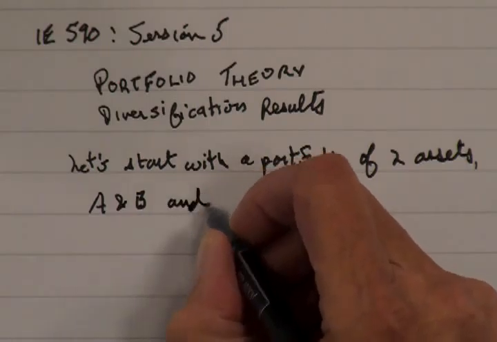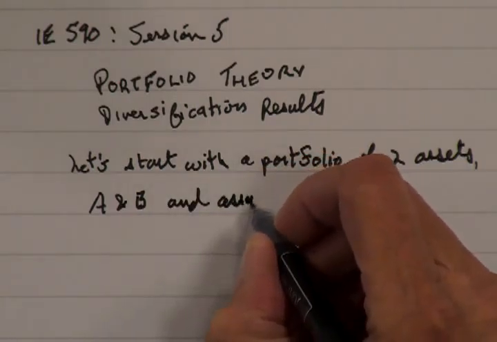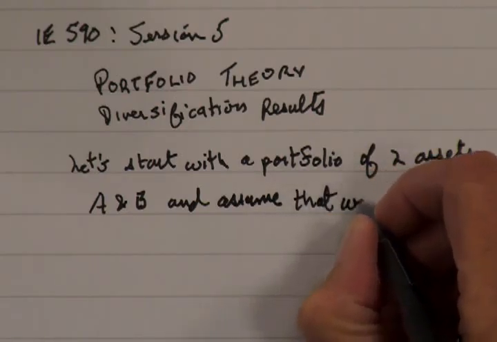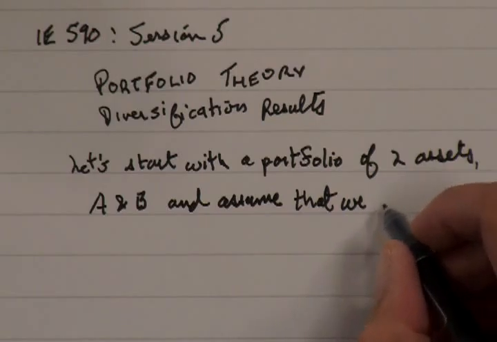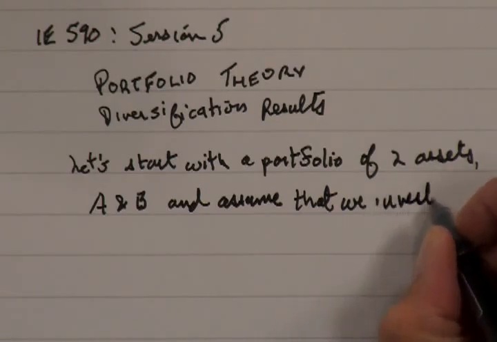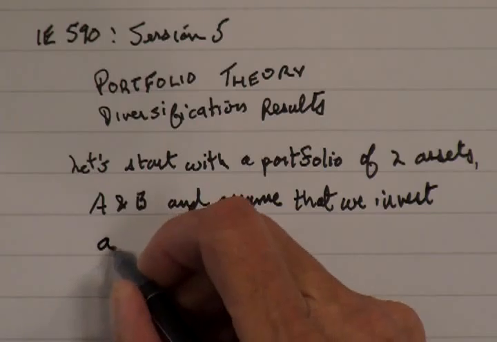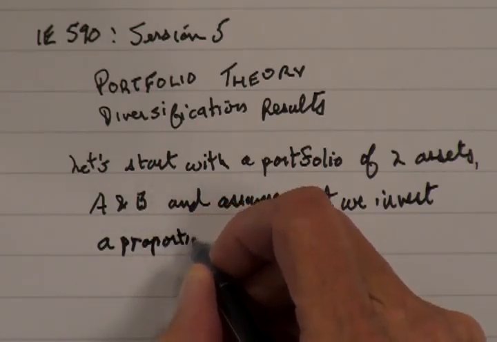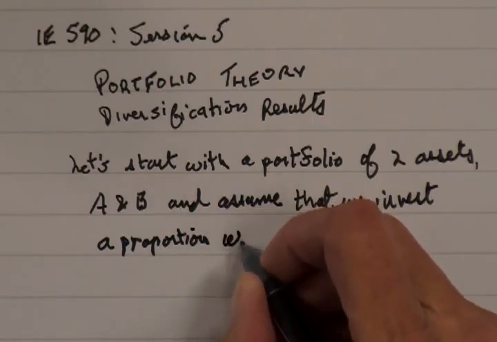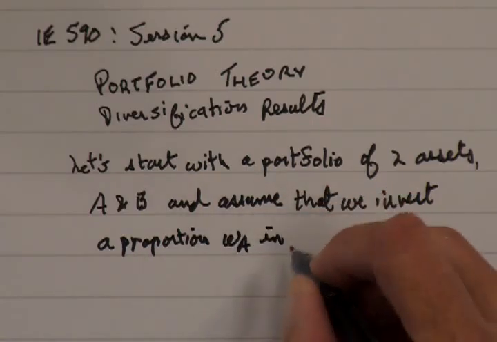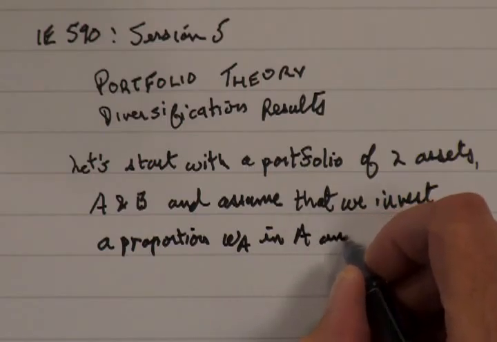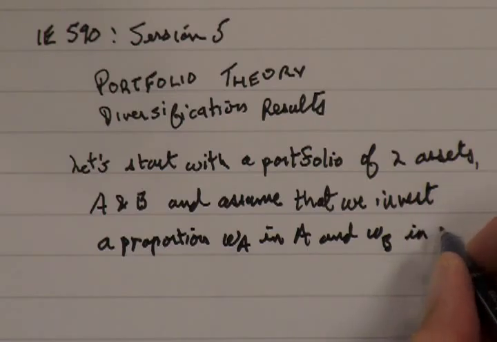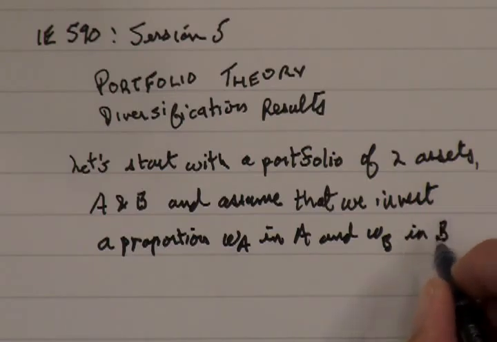And assume that we invest a proportion WA in asset A and WB in asset B.